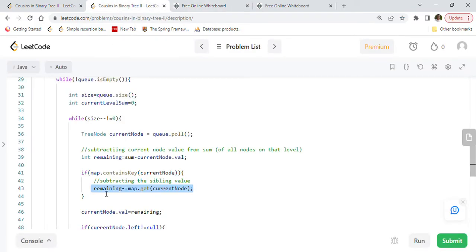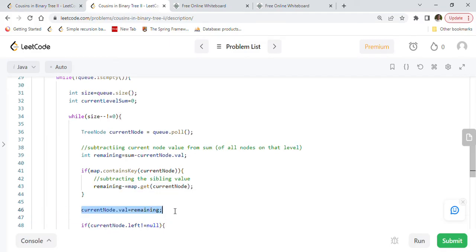This is exactly what we are doing here: map.containsKey of the current node checks the brother or sibling value, and if it has any brother or sibling, you subtract it from your remaining value. So remaining is equal to remaining minus map.get of the current node, and then you update the current node value to remaining.